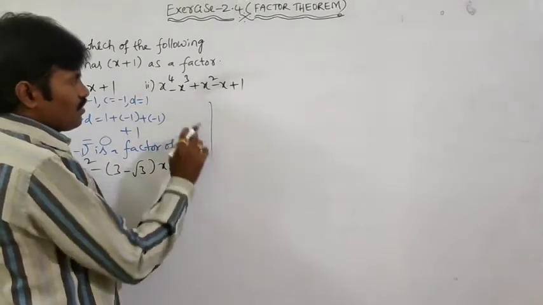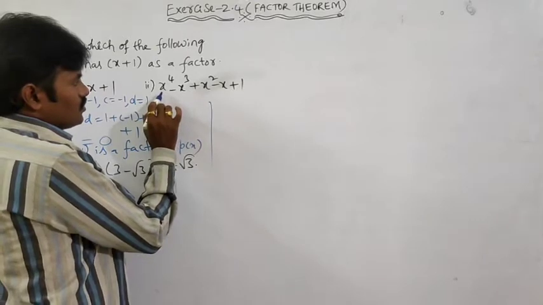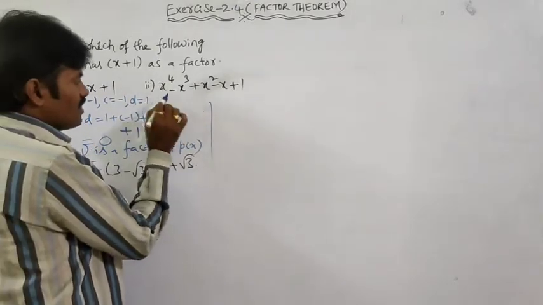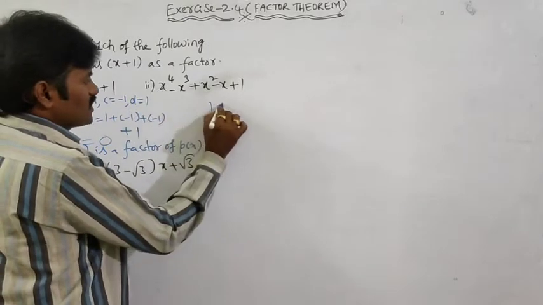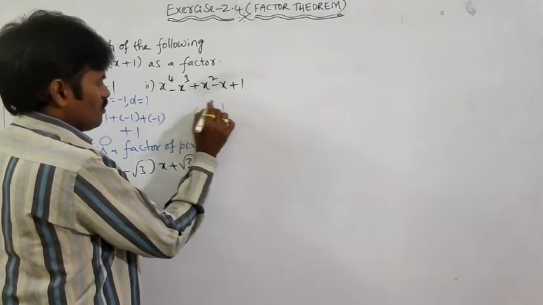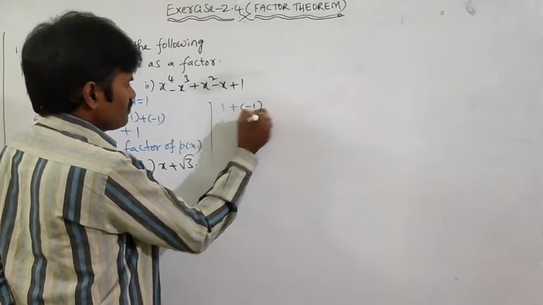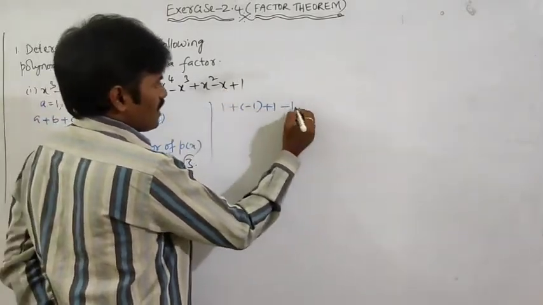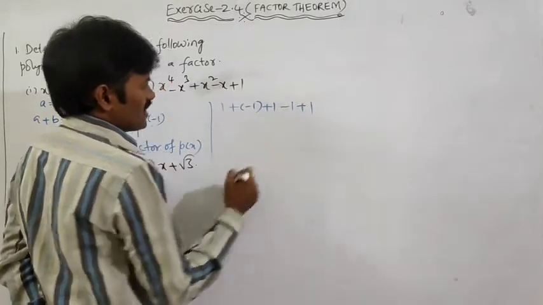Now let us observe the second problem. Without writing all these things, just by observing we can do it. The x power 4 coefficient is 1, the x cube coefficient is minus 1, the x square coefficient is plus 1. Here the x coefficient is minus 1 and the remaining term is constant.